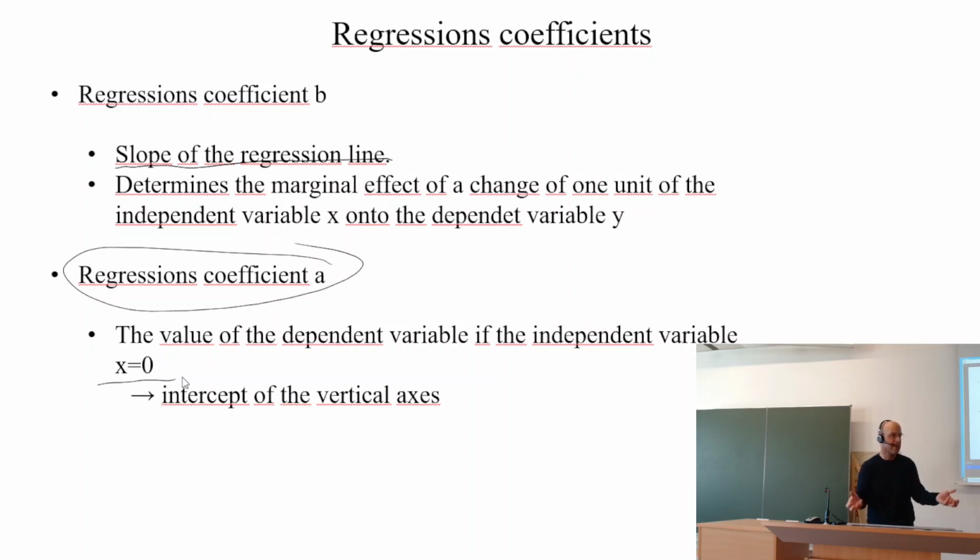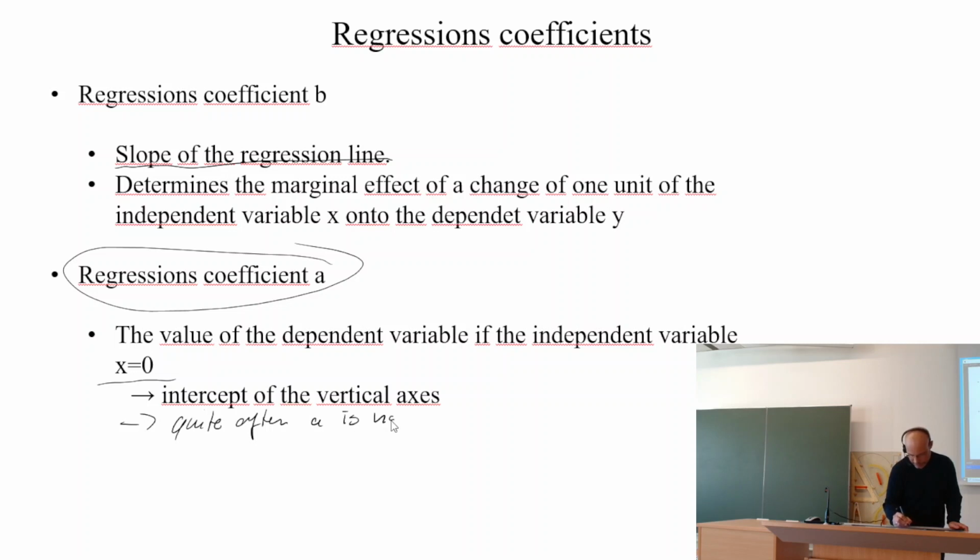Sometimes it's possible, for example, for a classical cost function, then I can say this cut of the axis is just my fixed cost. But quite often, a is not reasonably interpretable in an economic way.